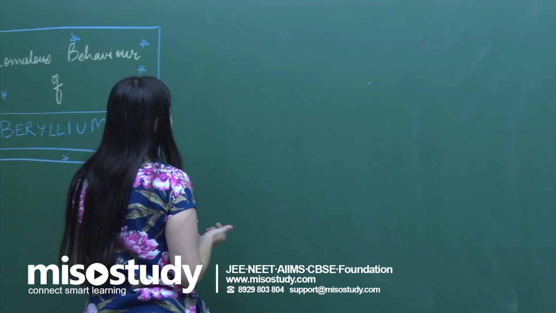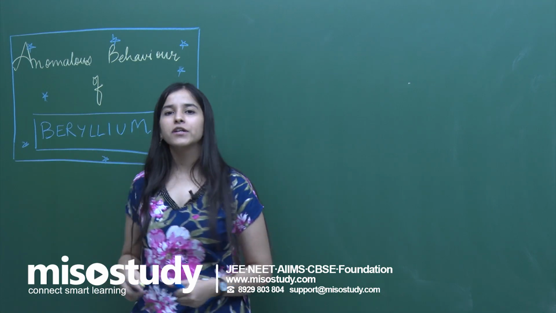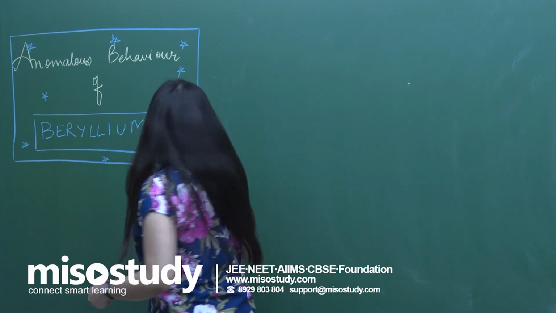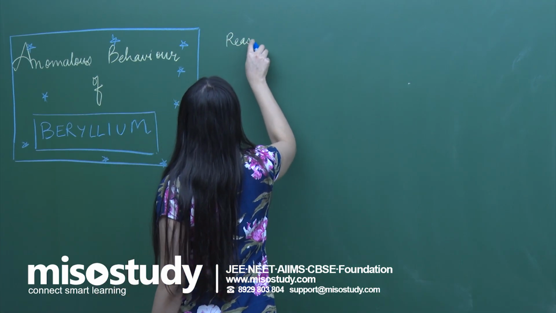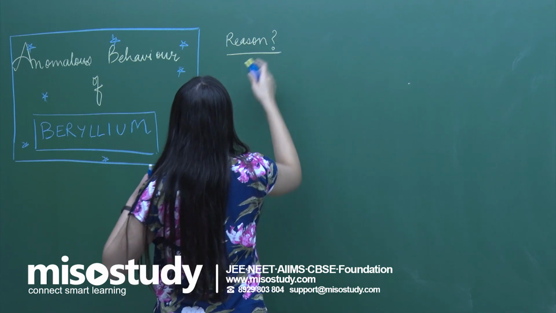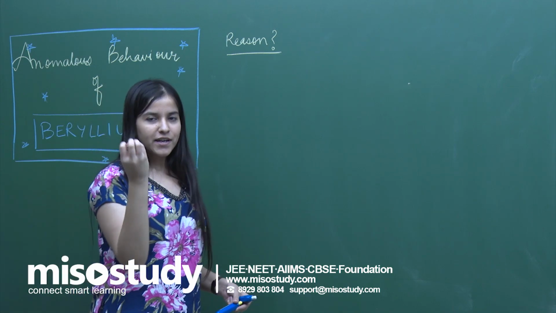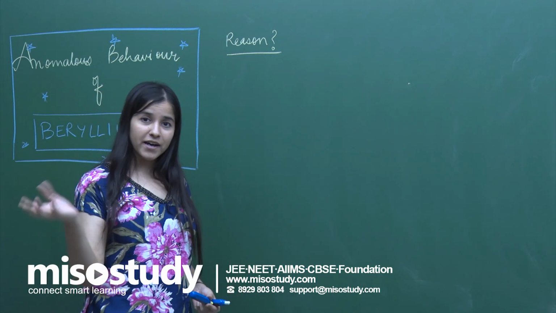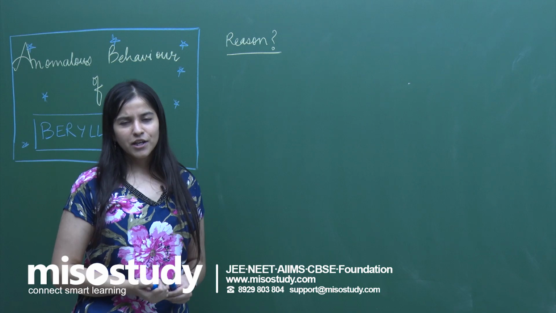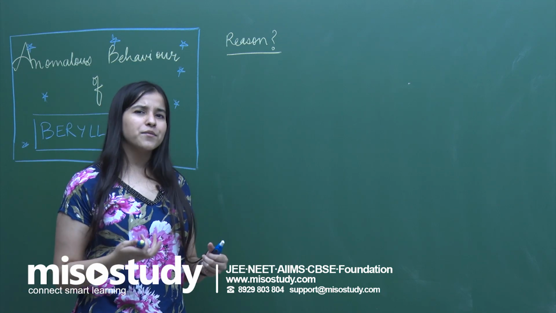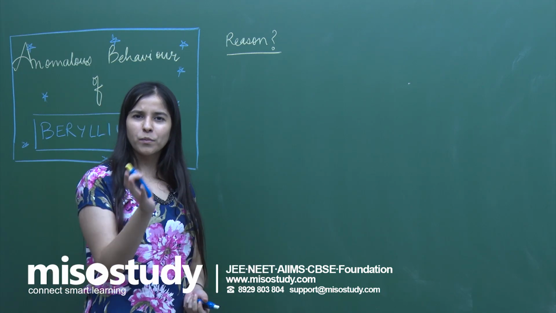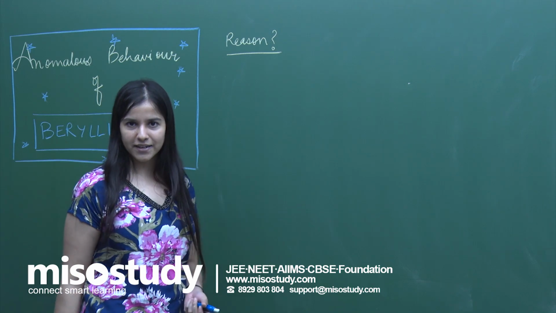So first of all, the reason for the anomalous behavior of beryllium. The reason is, first of all, the very small size of beryllium, in fact smaller than lithium. So you can now imagine why beryllium is acting so differently, right?